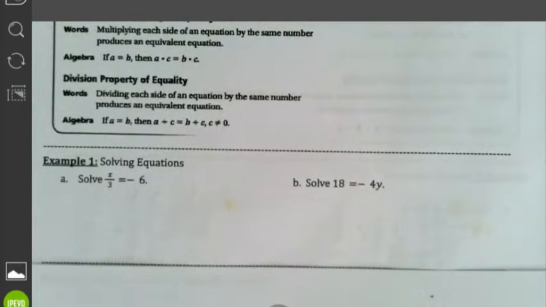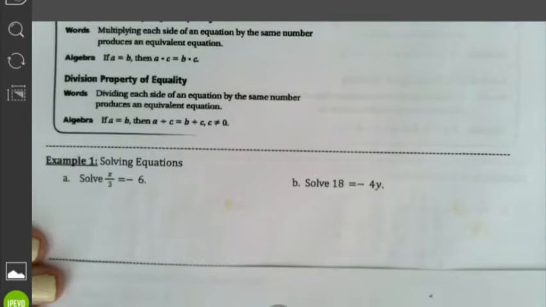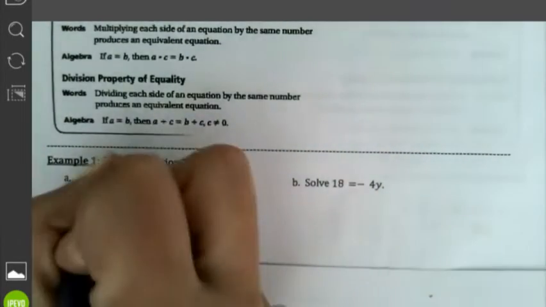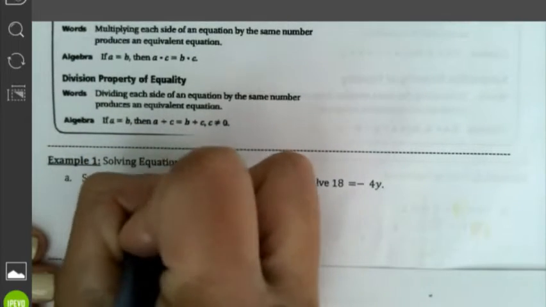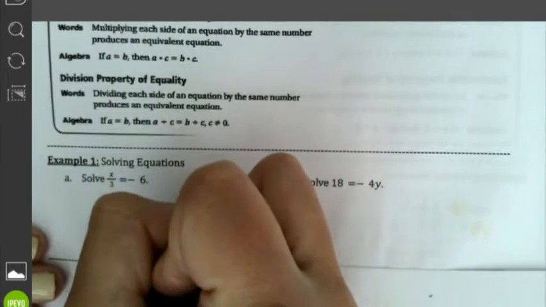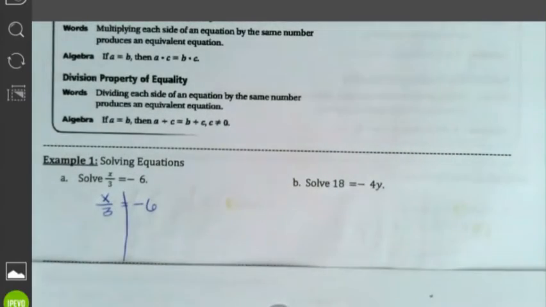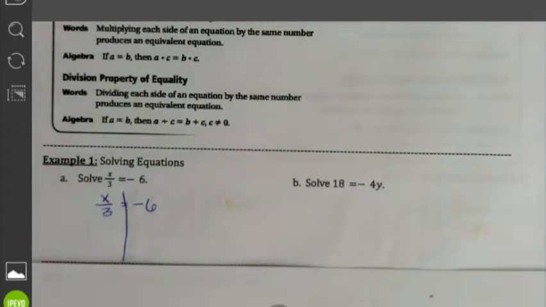Okay, so here we have example 1, parts A and B. In part A, I'm just going to rewrite this so that I have a little bit more space here. I'm going to draw my line, and I'm going to highlight the variable to show that I want to isolate it.